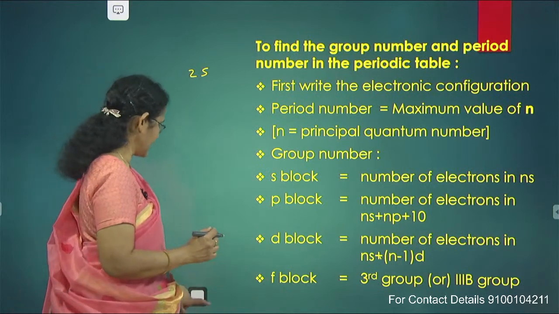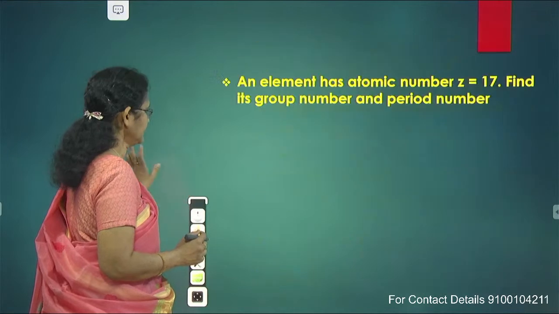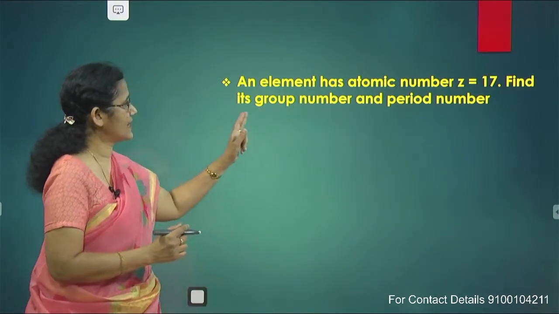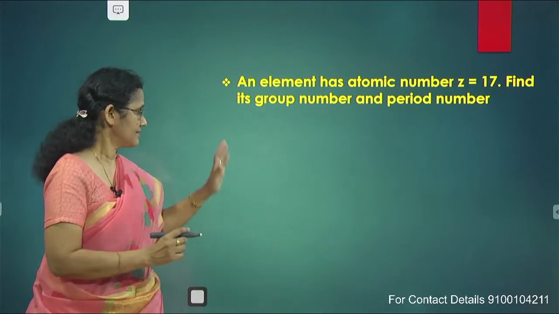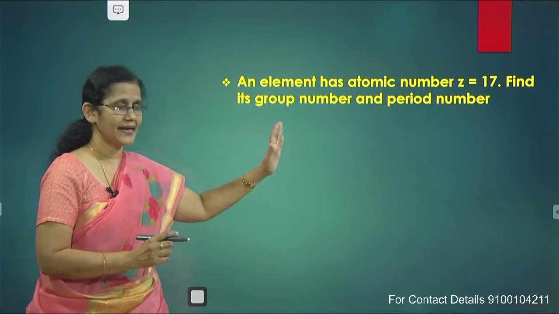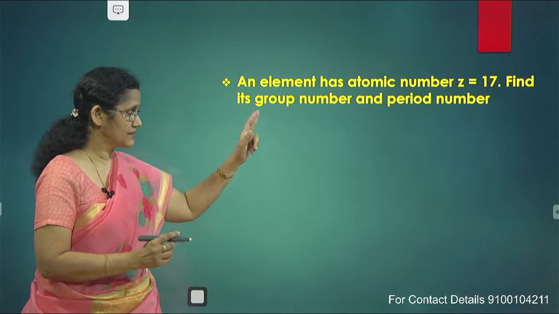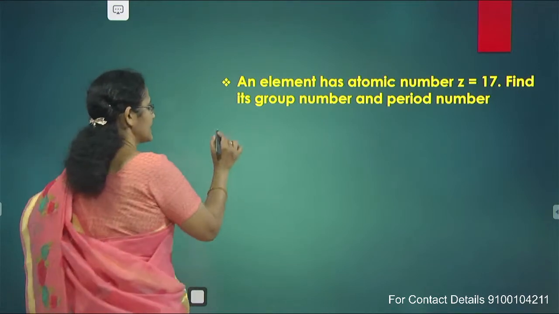Now, I am taking one example. See this question: an element has atomic number Z equal to 17. Find its group number and period number. First, what did we say? Write the electronic configuration.